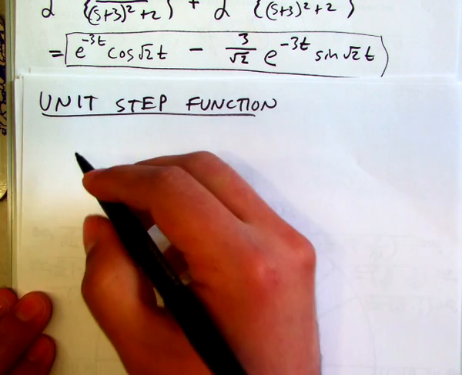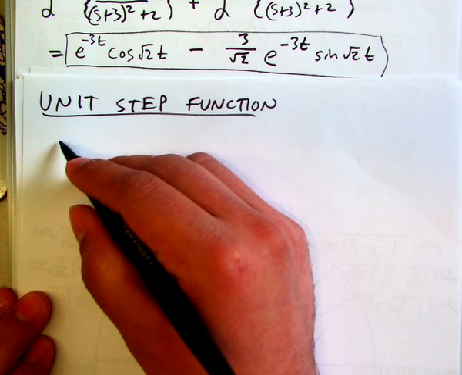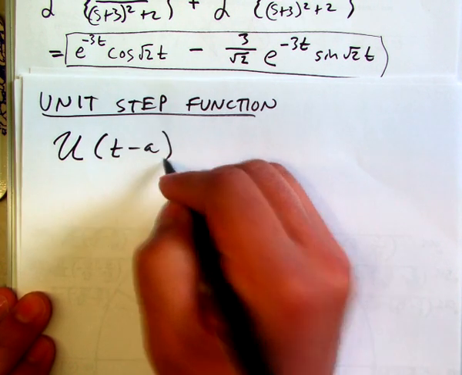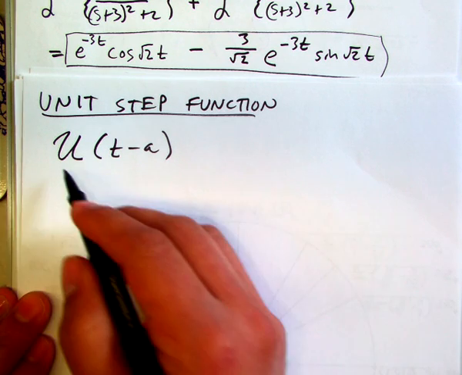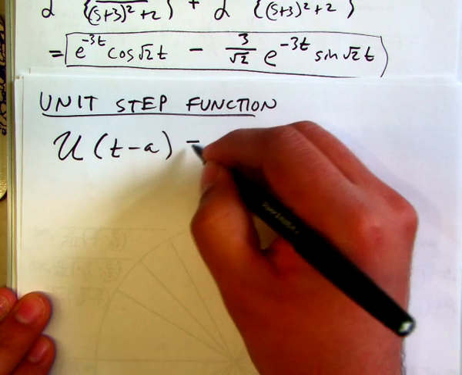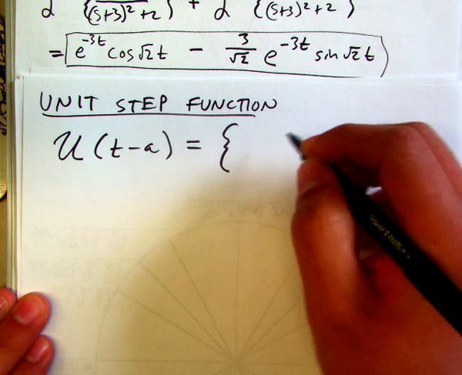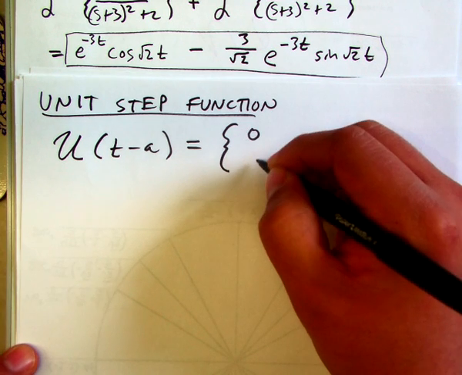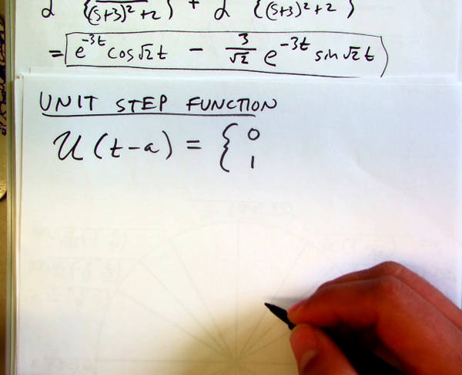And it's defined like this. We have a u of t minus a. Whenever you see this fancy notation, we are referring to the unit step function. And all it is two things. It's either 0 or 1. It's kind of like an on-off switch.